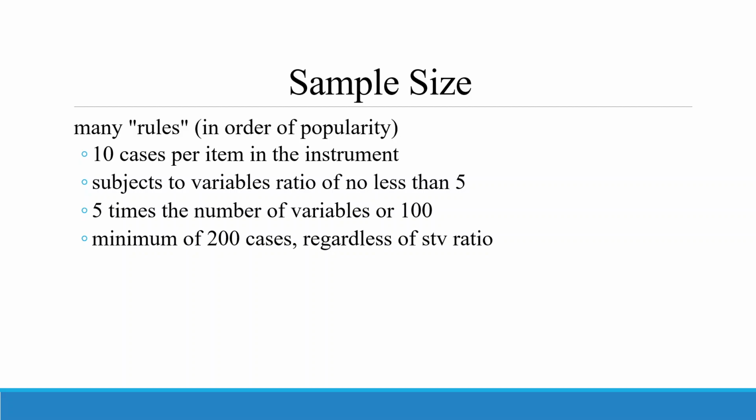Subjects means the total respondents divided by the total statements. This ratio should not be less than 5. Third, 5 times the number of variables or 100. The fourth one is a minimum of 200 cases regardless of the STV ratio. STV is the subject to variable ratio.